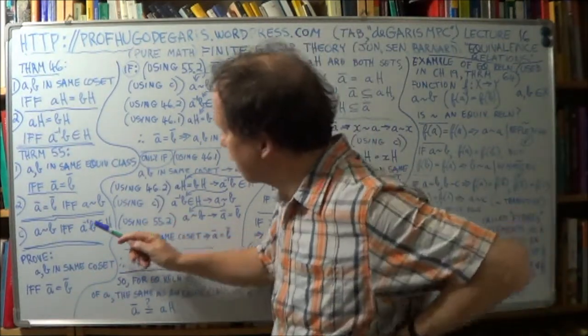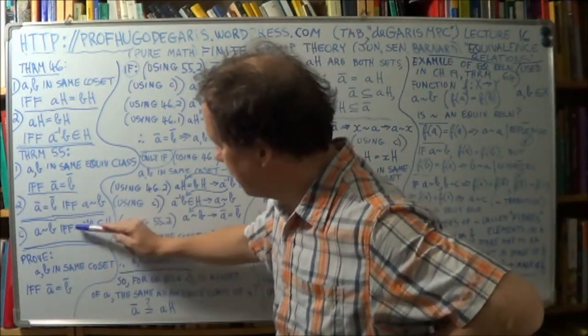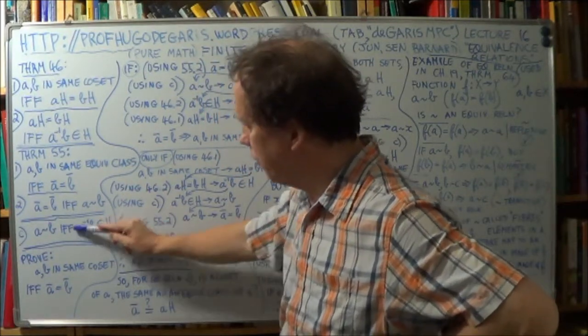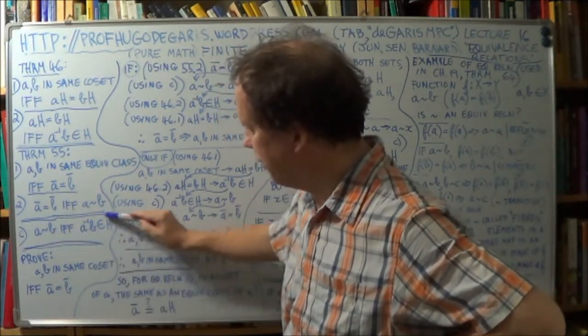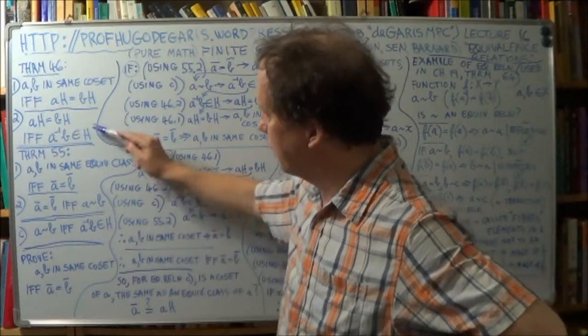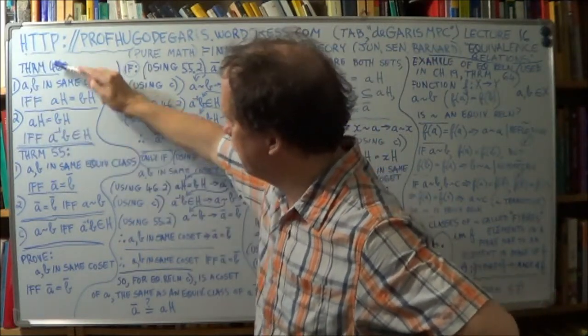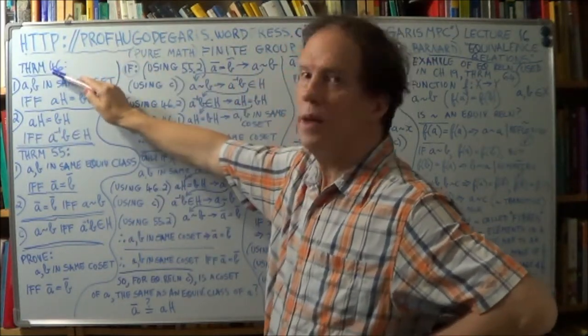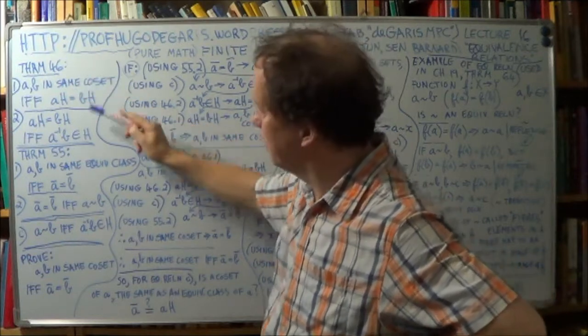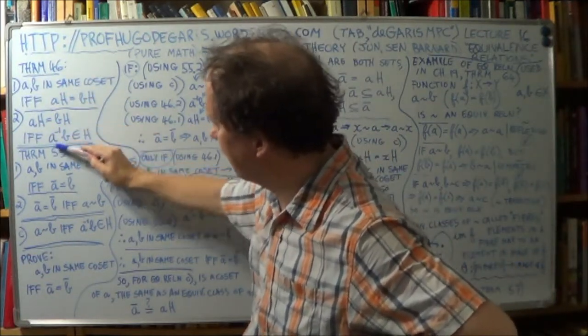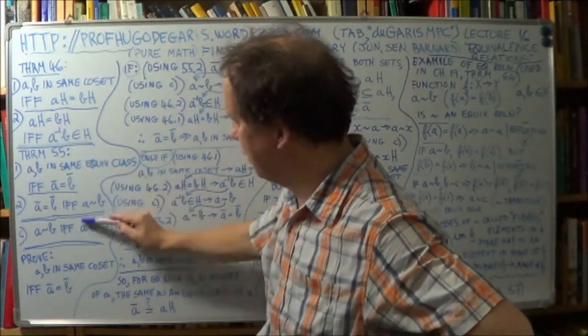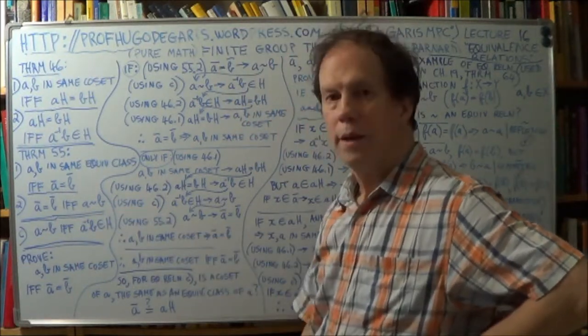Well, here's a clue. When your equivalence relation is defined this way, look at this. This is from theorem 46, and that was a theorem about cosets. And look at that. See, here and here they're the same.